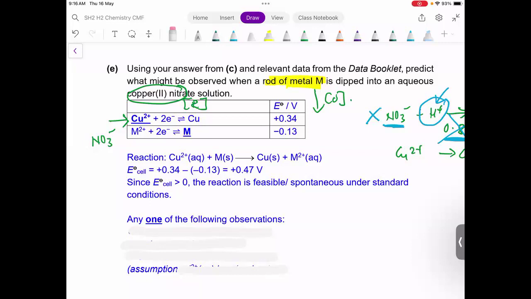Yes, copper metal appears as a pink solid, so you should see deposition of pink solid. What else will you observe? Yes, the blue coloration due to your copper 2 plus cation will decrease in intensity because your copper 2 is being used up to become copper 0. What else will you observe?